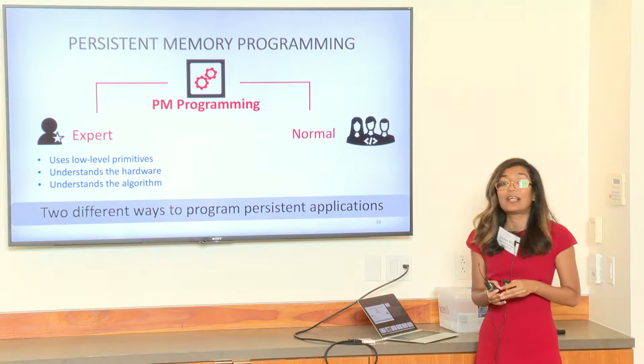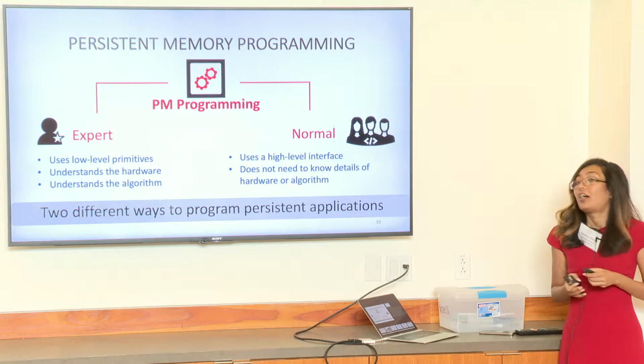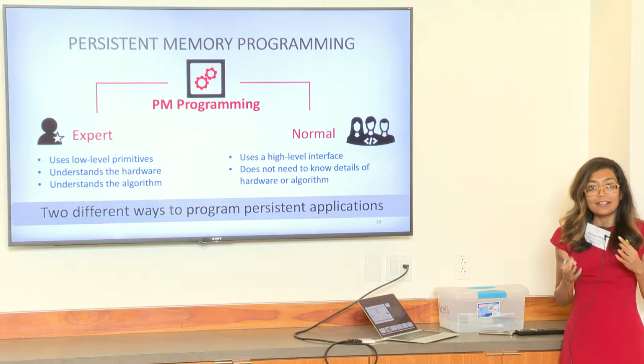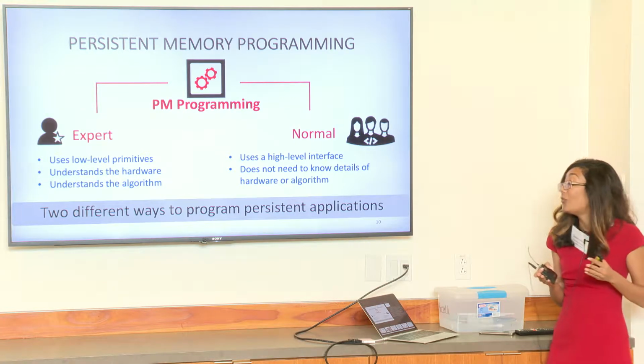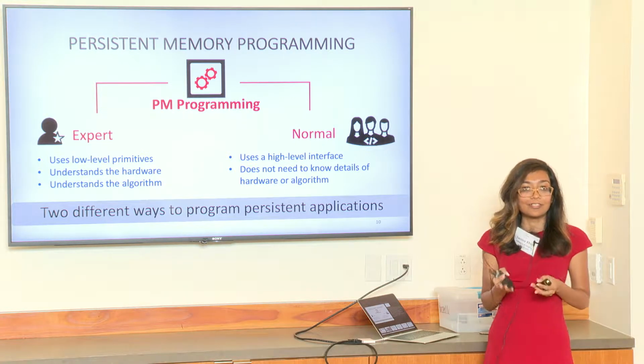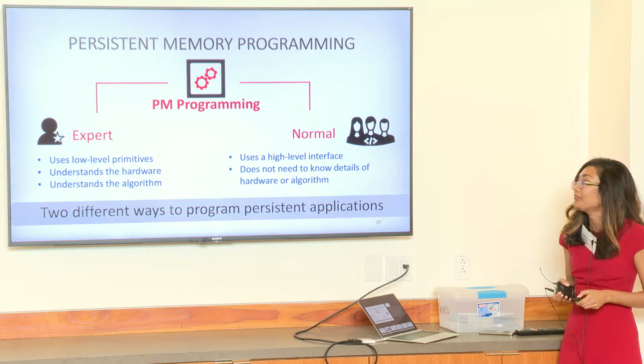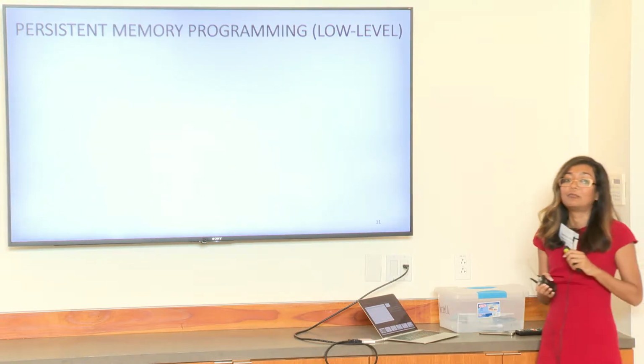And there could be regular programmers who will use a high-level interface so that they don't need to know all the details of the hardware and implementation. So first, let's see the first one.